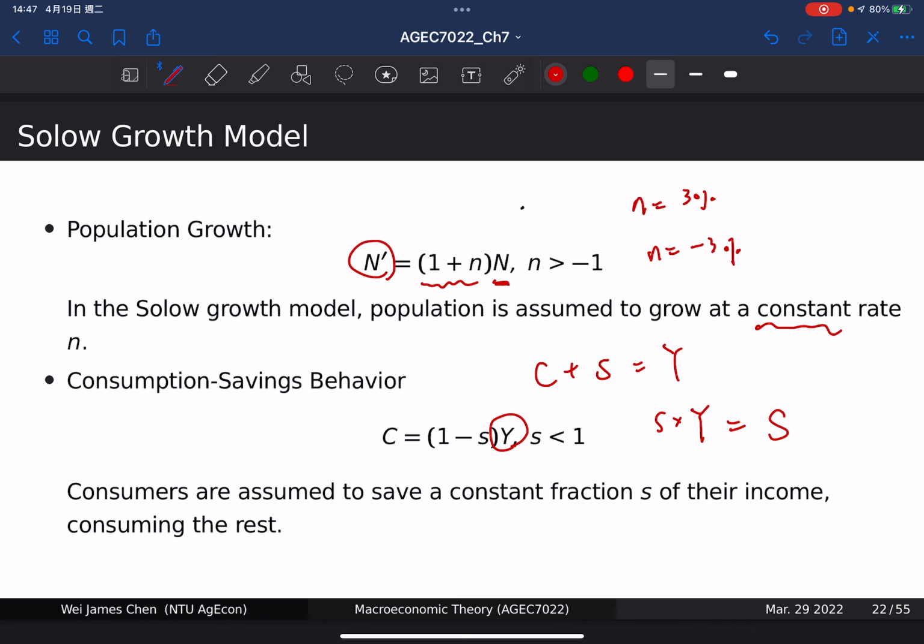Like if you solve an x-y equation, the x and y are endogenous. But here, these are more like the a and b in ax plus by. Those a and b are constants that are predetermined. Okay, so in this kind of model, the population growth is exogenous, and the saving behavior is also exogenous.